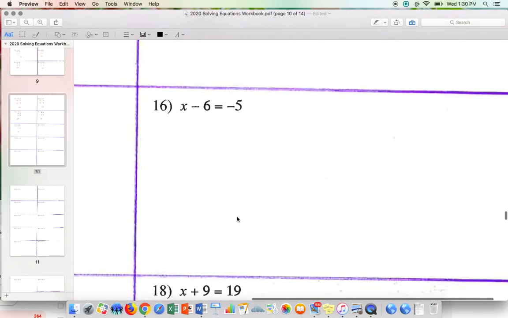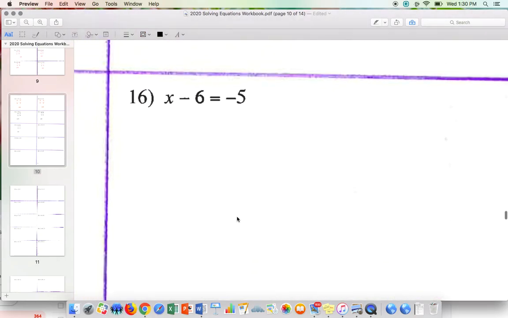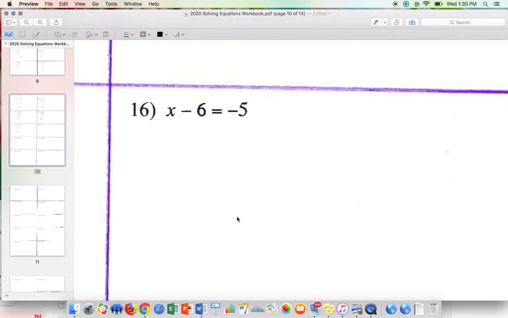Let's go over to 16 here. Okay, what's your variable? X. What is your operation? Minus. Good.